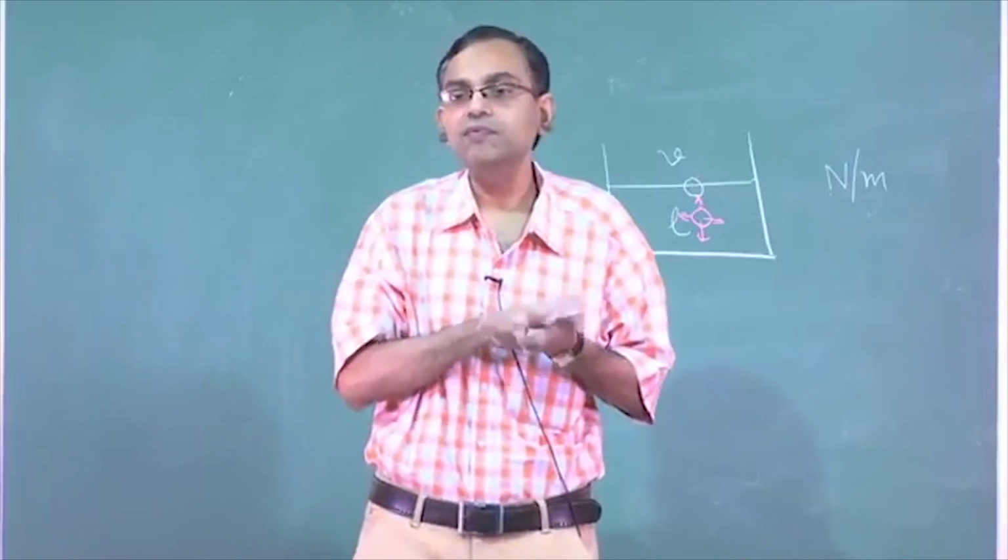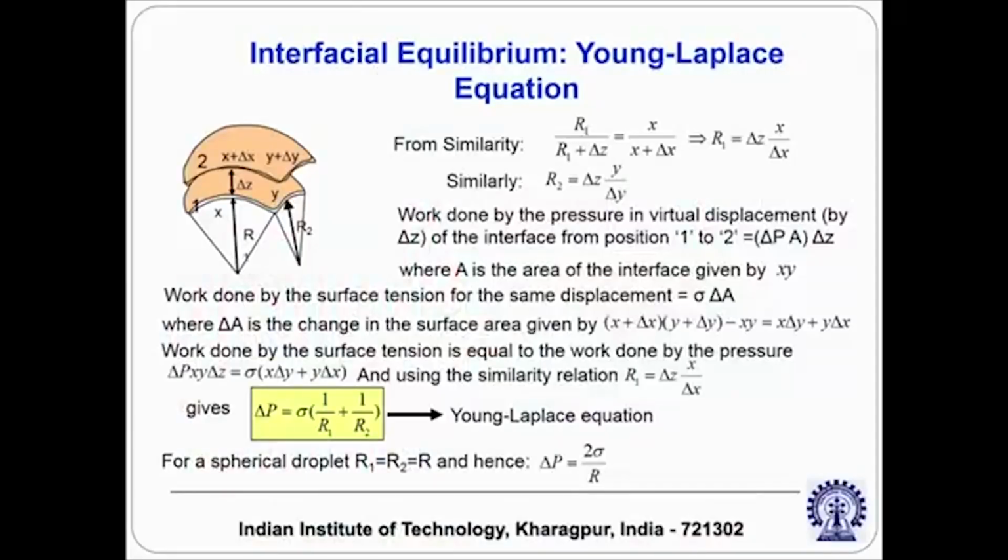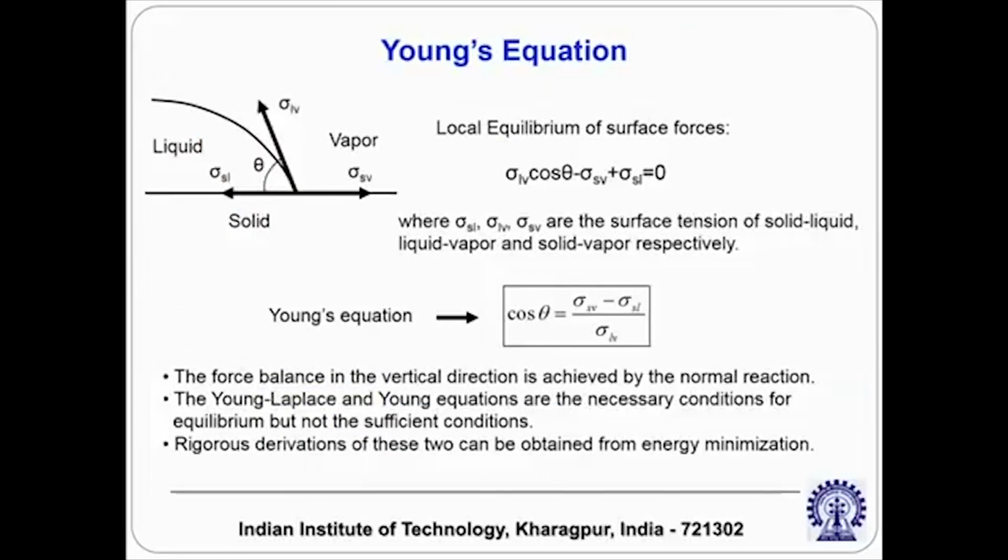The radius of curvature is infinity. So, 1 by r1 and 1 by r2 in this equation will become 0, so delta p will be equal to 0. On the other hand, for a spherical droplet, r1 and r2 will be equal to r, so delta p equals 2 sigma by r. Okay, so this is the Young Laplace equation.